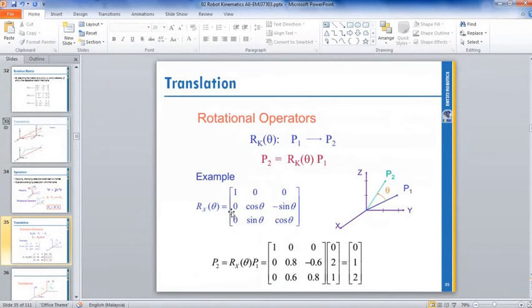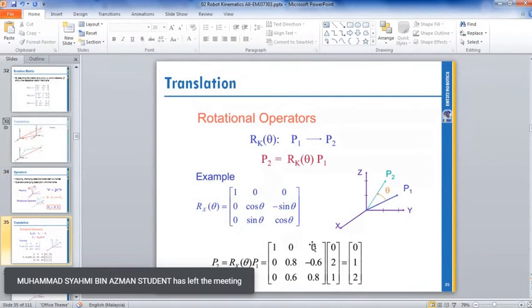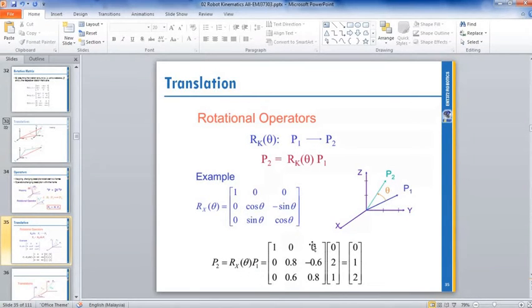This is only rotation, and then the other example: rotate on Y, rotate on Z, rotate on X, and then translation individually. But if you apply homogeneous, they are combined because they use a 4x4 matrix. They combine all in one matrix.